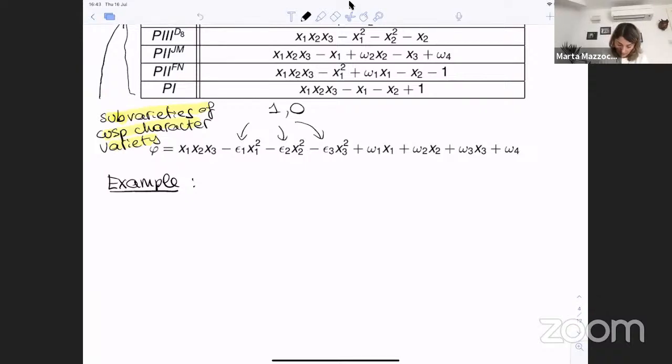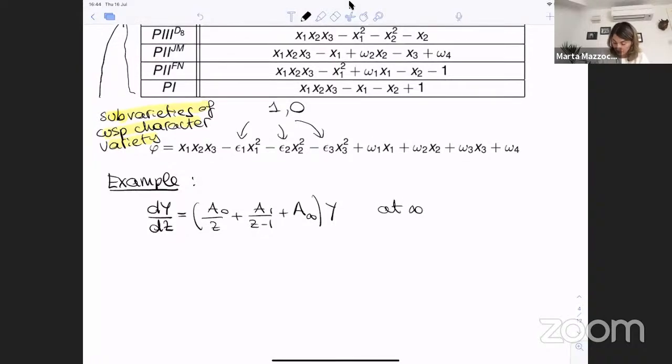We want to consider a linear system in which we have a singularity of Poincaré rank 1 at infinity. This means that at infinity we have a pole of order 2.